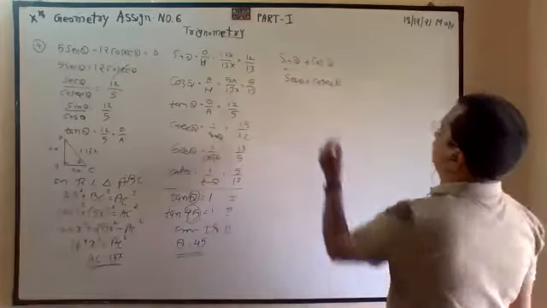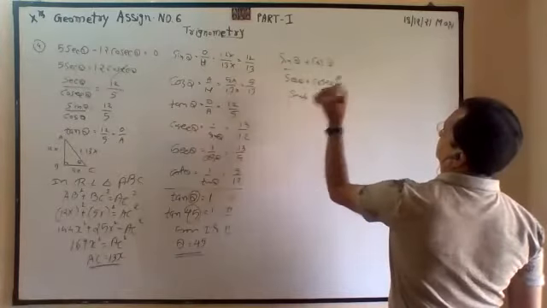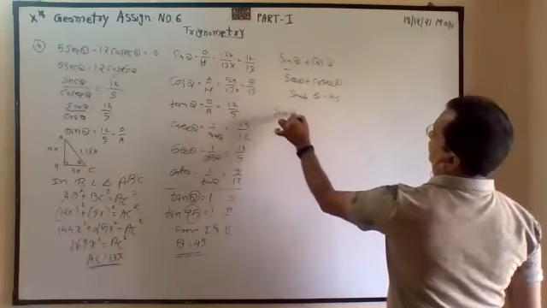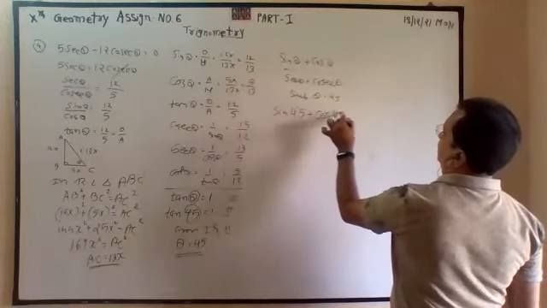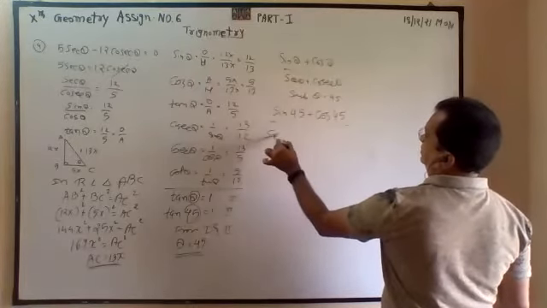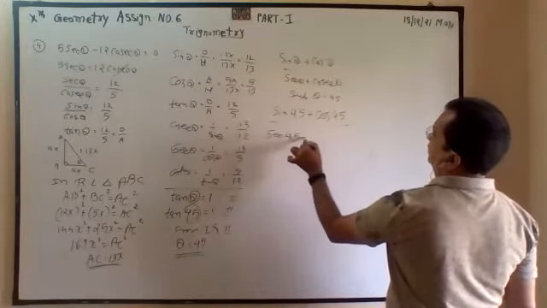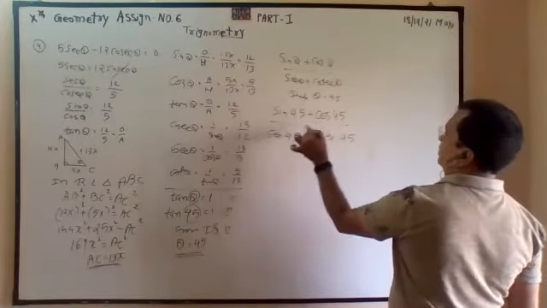Substitute theta is equal to 45. So sin 45 plus cos 45, divided by sec 45 cosec 45.